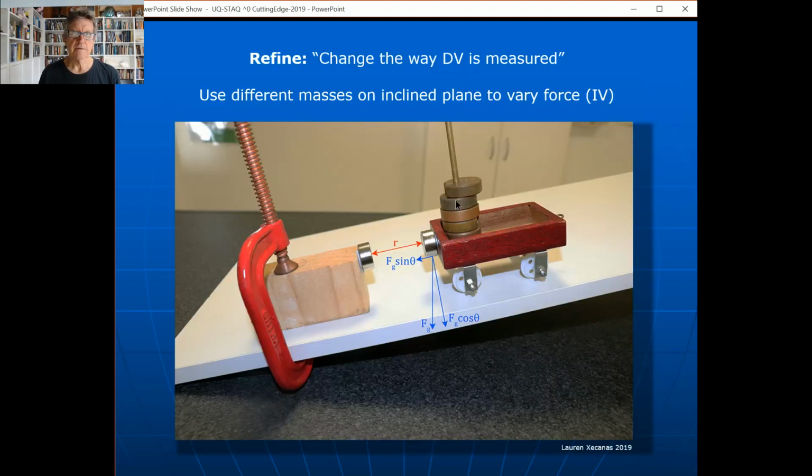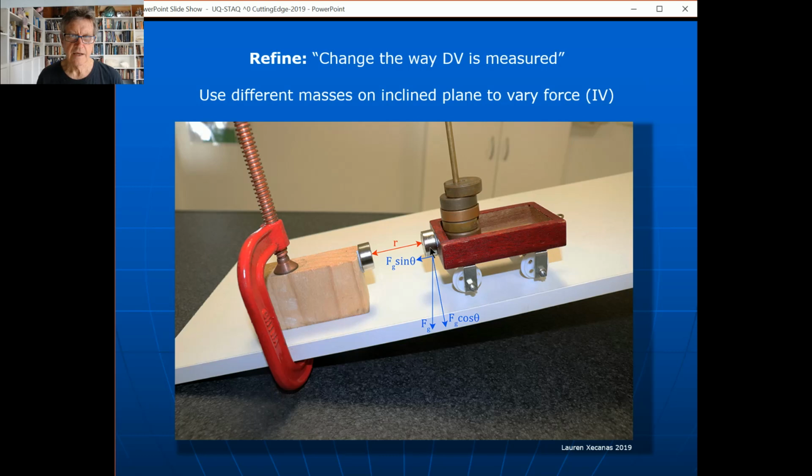Now another student in the class thought of doing it a different way. What she was going to do was change the mass and keep the angle constant. So she left the angle at, say, 30 degrees. She added brass masses to the trolley, so the Fg component got bigger, and as that got bigger, the R value got smaller.